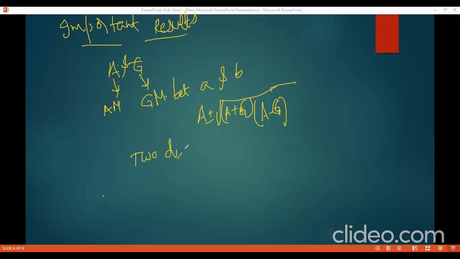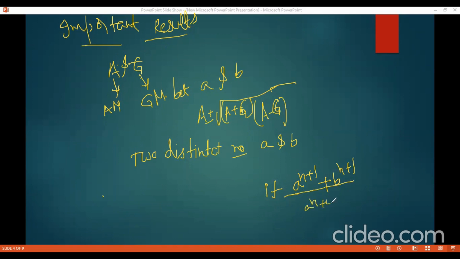Two distinct numbers A and B. What is its GM? A power n plus 1 plus B power n plus 1 by A power n plus B power n. What is this?